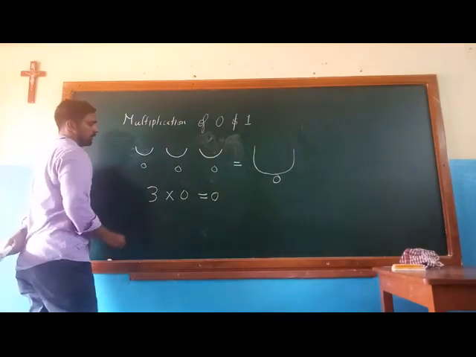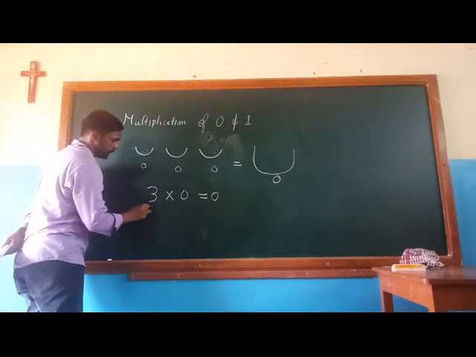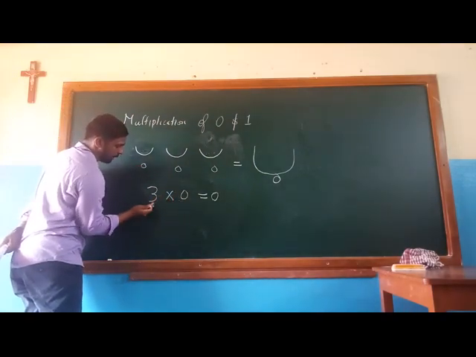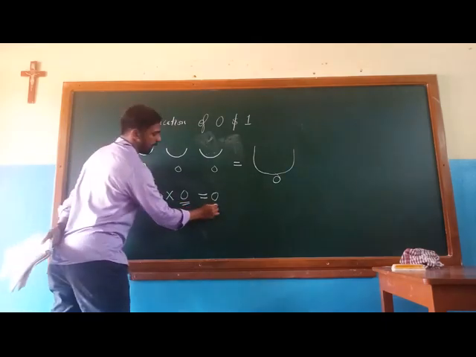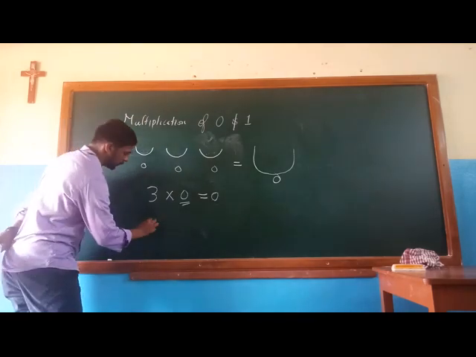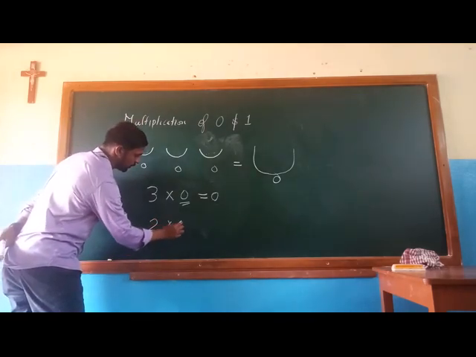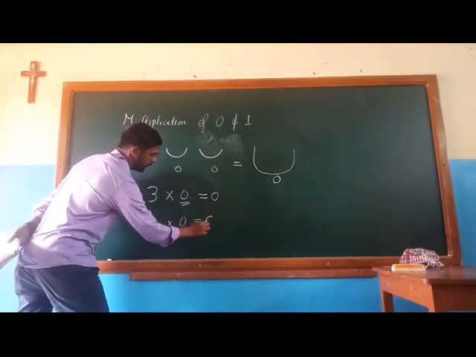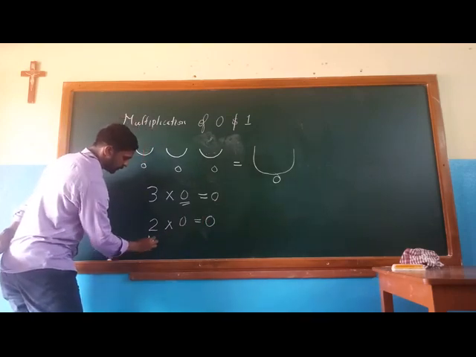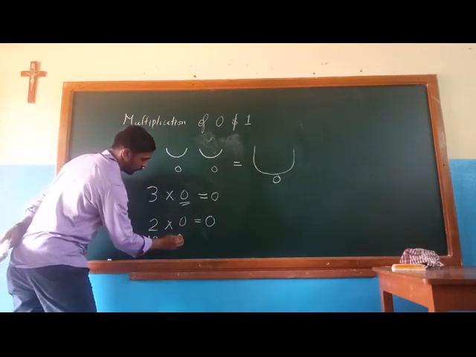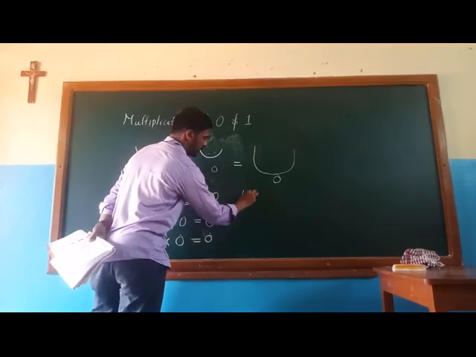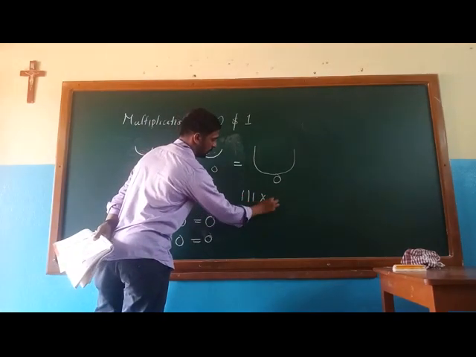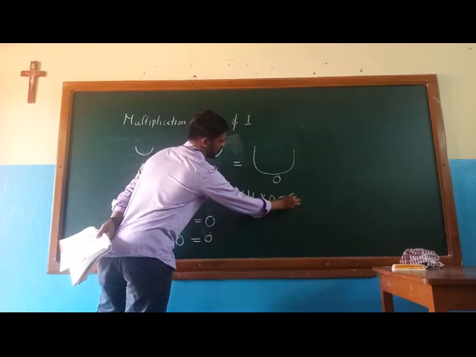Understood? So if you multiply any number with 0, your answer will always be 0. So 2 into 0 is 0, 12 into 0 is also 0, 111 into 0 is always 0.